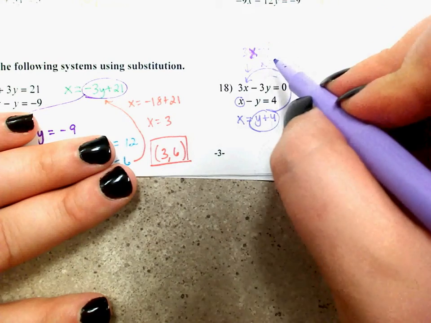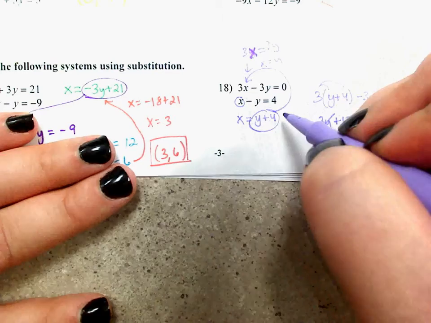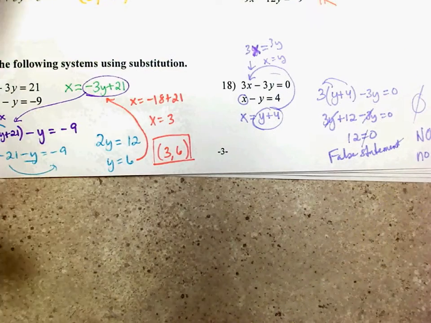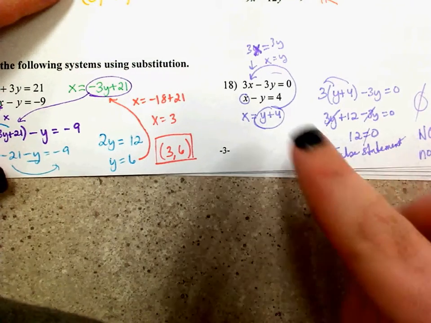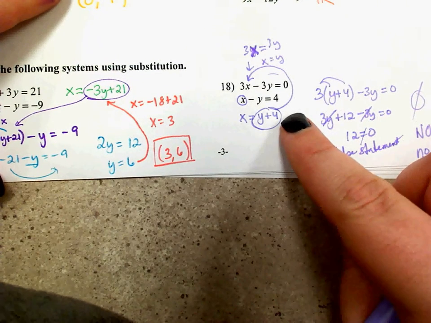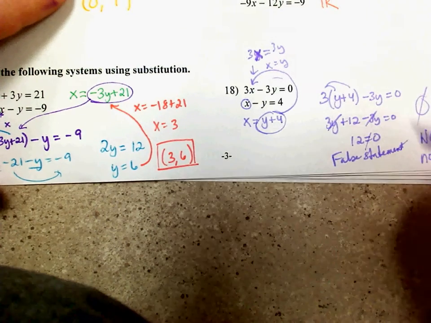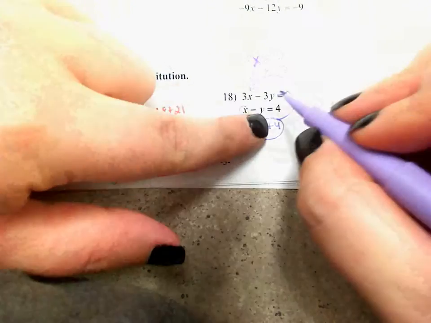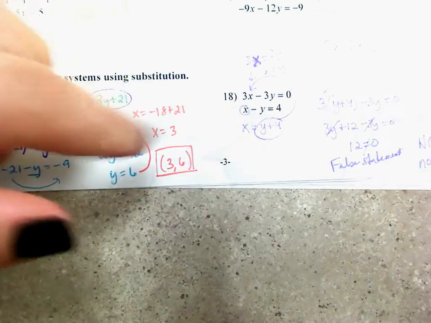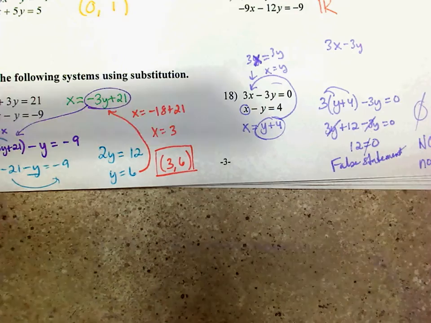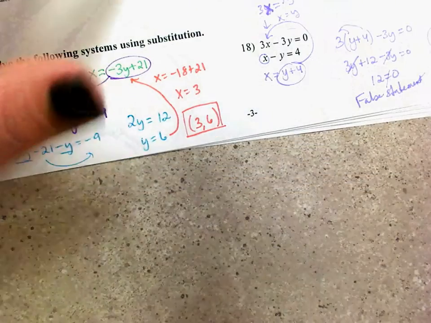The reason this is a false statement, the reason these two functions never equal each other, is because they are, in fact, parallel with different y-intercepts. If you think about this, 3x minus 3y equals 0, and I want to solve for y, I would either subtract 3x and divide by negative 3 or just add the 3y and divide by 3.